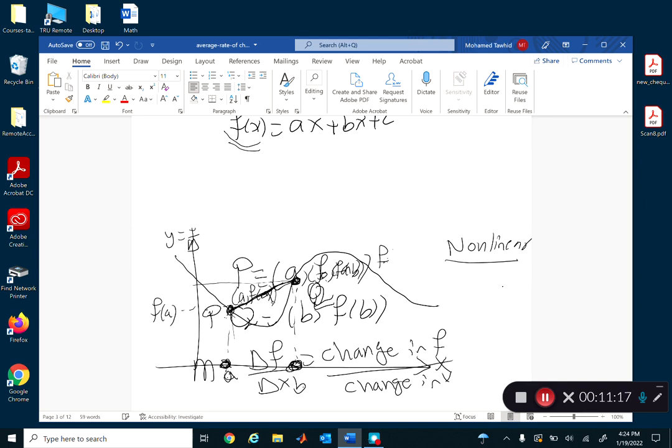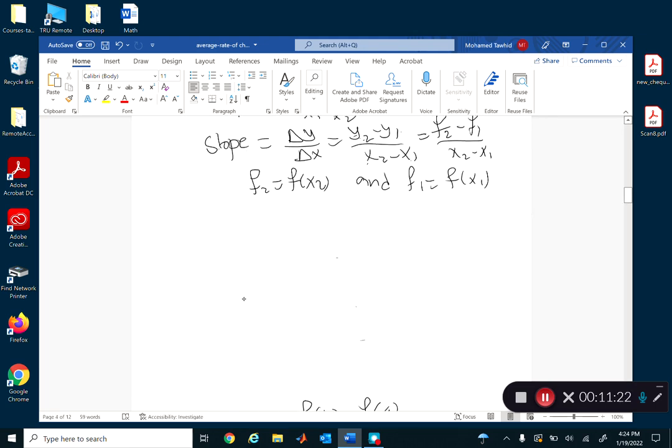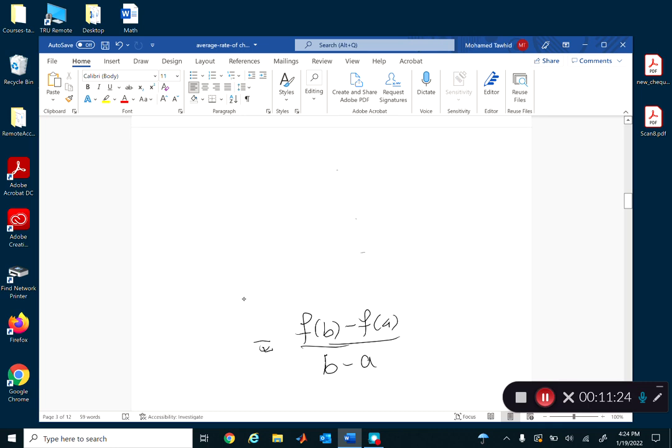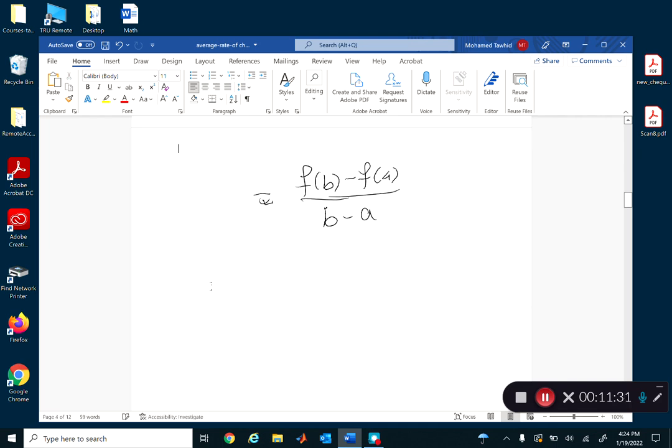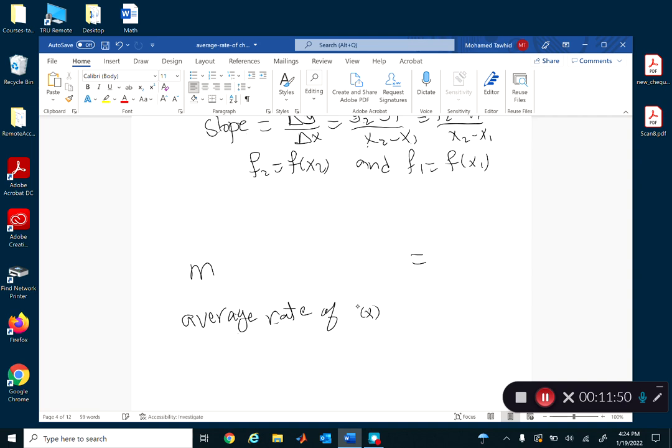This one we call the slope of the line segment between A and B, but also we are going to call it the average rate of change of your f of x.